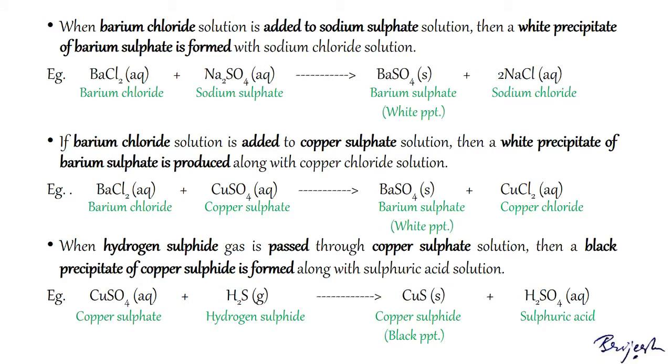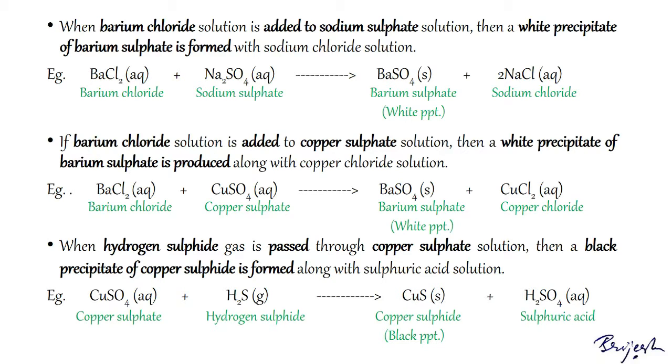Second example, when barium chloride solution is added to sodium sulphate solution, a white precipitate of barium sulphate is formed along with sodium chloride solution. In this double displacement reaction, two compounds, barium chloride and sodium sulphate, react to form two new compounds, barium sulphate and sodium chloride.